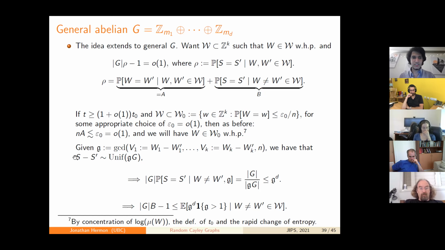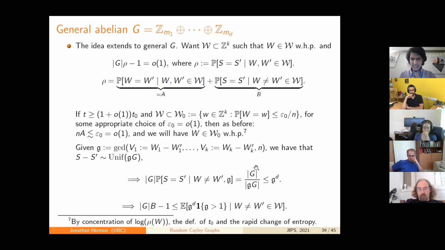The main observation is that S minus S prime is going to be uniformly distributed on the subgroup GCD times the group. And this really tells us a lot. It tells us that the probability that S is equal to S prime given this GCD is equal to 1 over the size of this group.